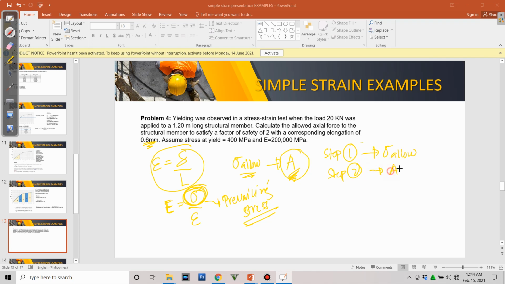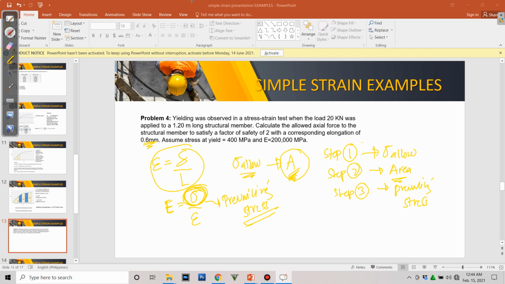The corresponding or required area. And then step 3 is to work with the prevailing stress, considering the conditions in the problem.